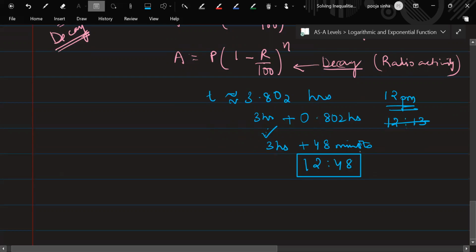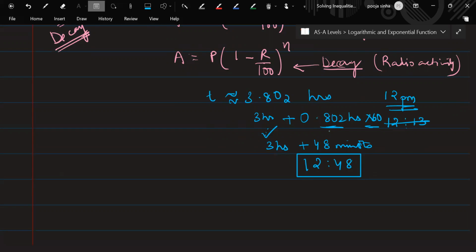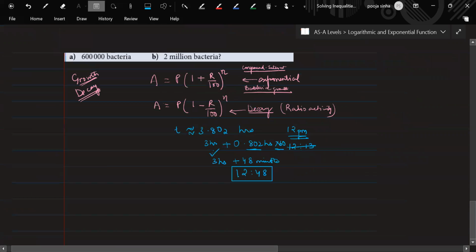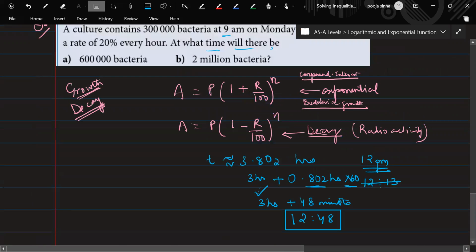We multiplied 0.802 by 60 because you're converting hours into minutes. I did it the other way around earlier, so that's not correct. This is the correct answer. This is the time when the bacteria are at this level. Okay?